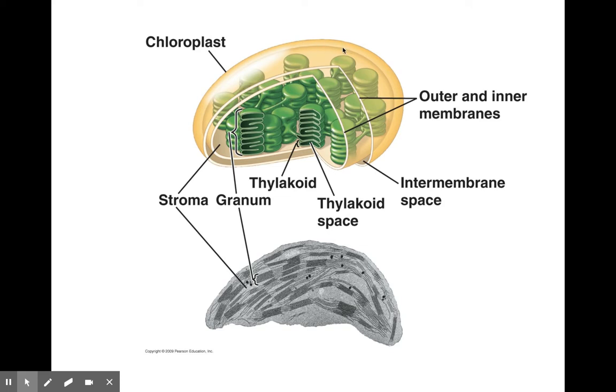We have our outer membrane, then there's a space called the inner membrane space, and then we have the second membrane. And inside the second membrane is filled with a fluid called stroma. So that's going to be important as we talk about being either inside the thylakoid or out in the stroma.